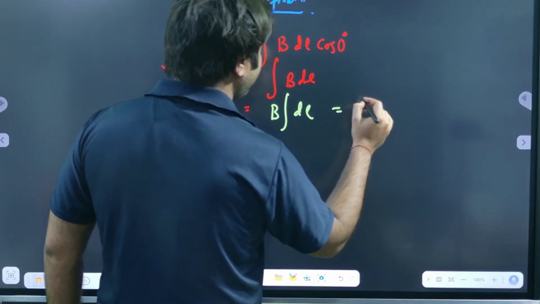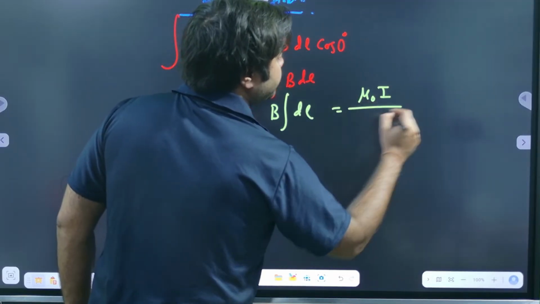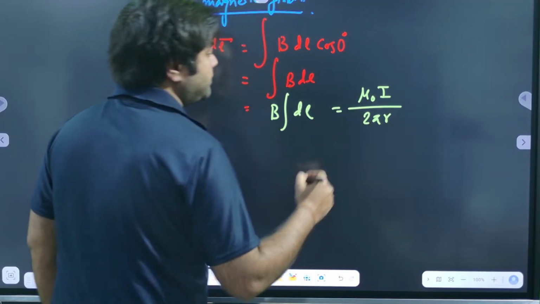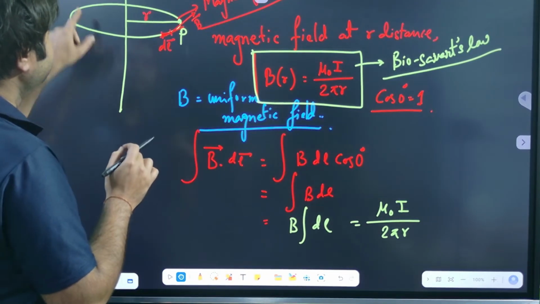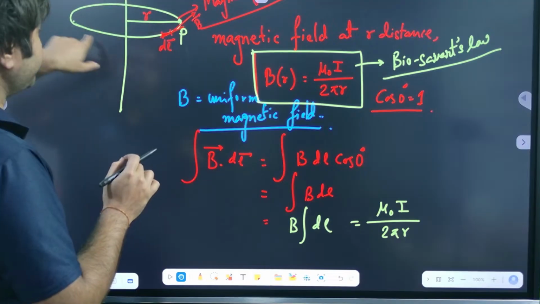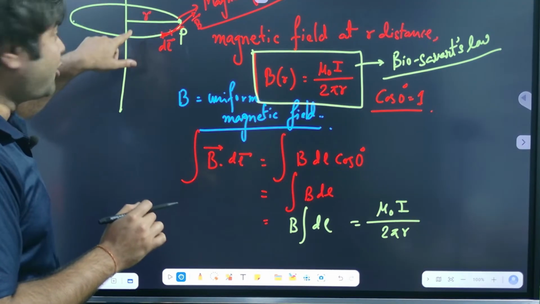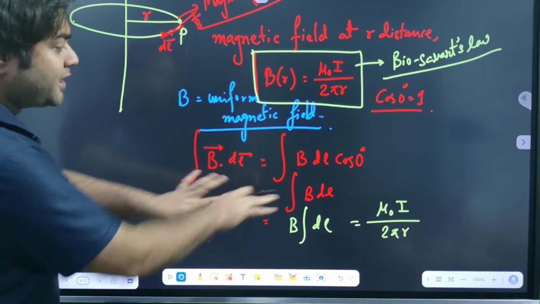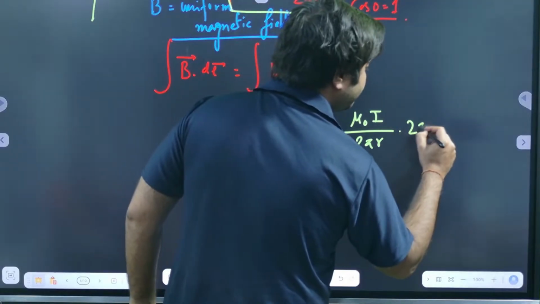So this will correspond to this B, that is mu naught I divided by 2 pi r, and for dl, if you do the total integration, this is basically a circle of radius r, so the total integration will also become 2 pi r.